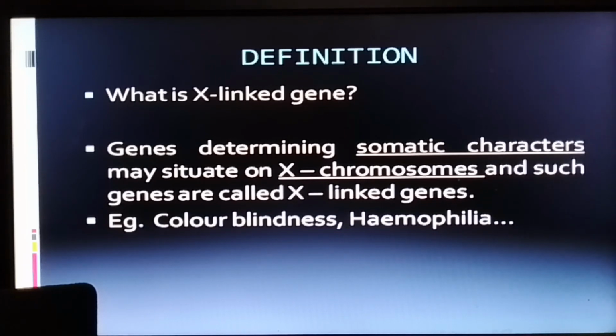Even the genes on Y chromosomes are specially called Holandric genes. But here, these genes are purely somatic, not depending on the gender of the individual, yet they are located on the X chromosome, accordingly they are said to be X-linked genes. So it's very important to understand the definition. Only then can you have a clear idea about the examples and other explanations under this chapter.